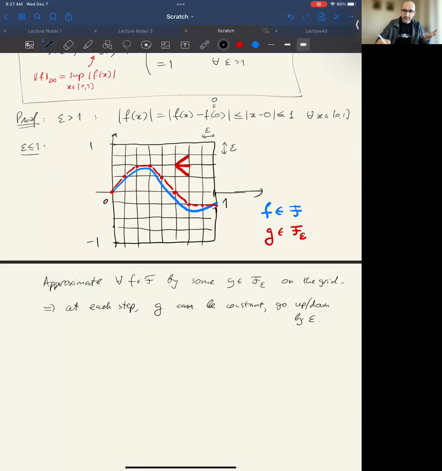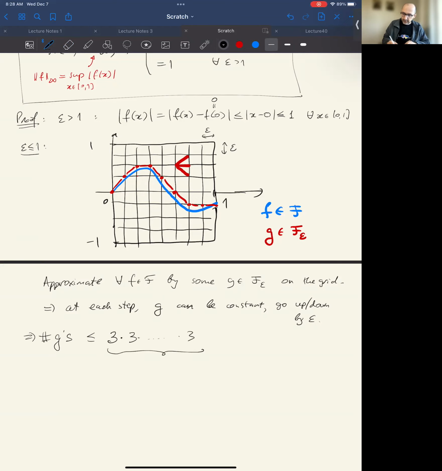Okay, then we know how to count them. So the number of such functions G is at most, well, at each step, there are three possibilities, up, down, or zero. So 3 times 3 times 3 times 3.